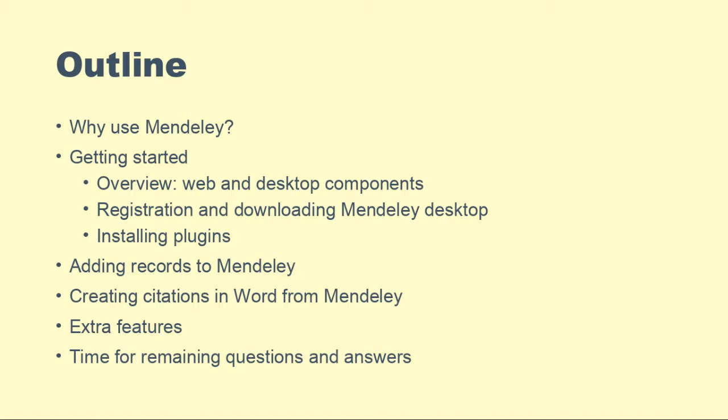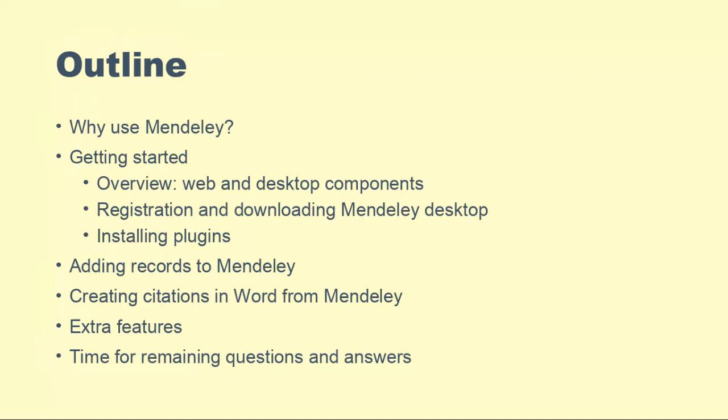So today I'm going to be talking about why it's useful to use Mendeley as referencing software. Getting started, so what it looks like, the web version and the desktop version, how you can register and download Mendeley onto your computer, how you can install plugins for Microsoft Word and for your web browsers, how you can add records to Mendeley of different resources like journals, book titles, articles, websites, that kind of thing.